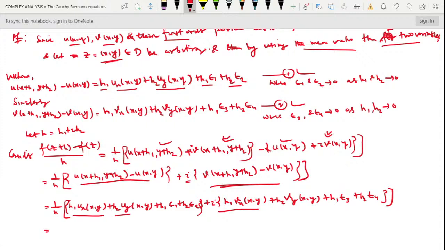Similarly, this is the term containing s2, this is h1 with epsilon 1, this is h1 with epsilon 3, this is s2 with epsilon 2, and this is s2 with epsilon 4.